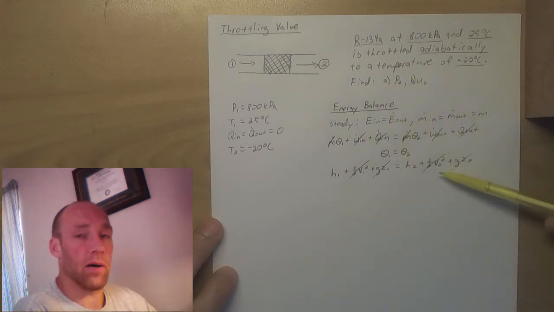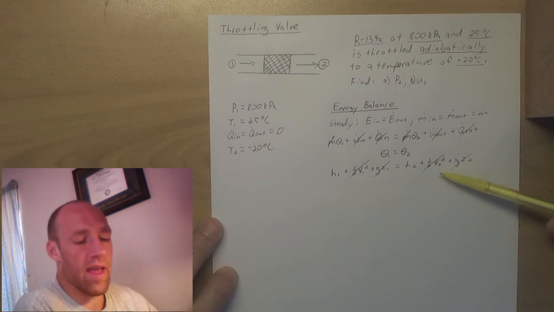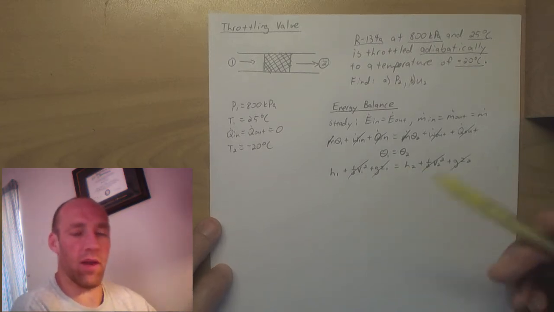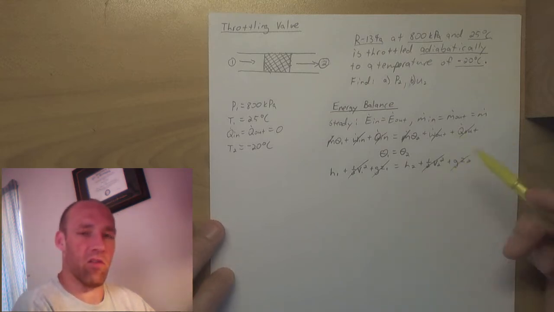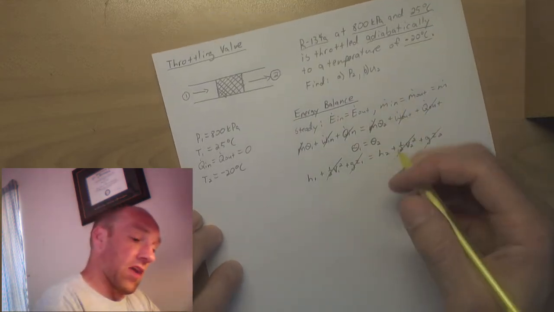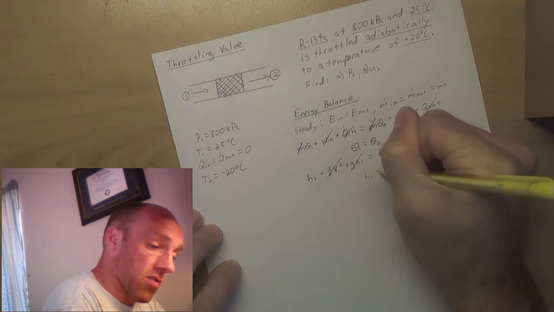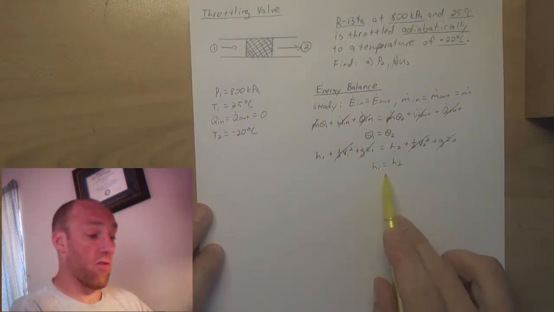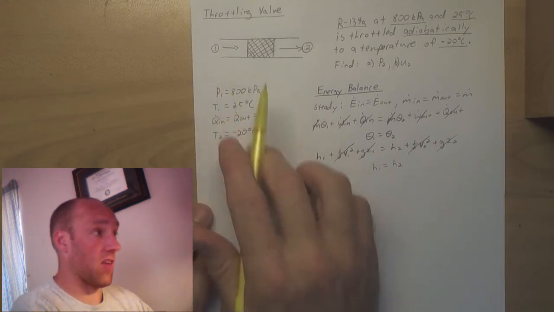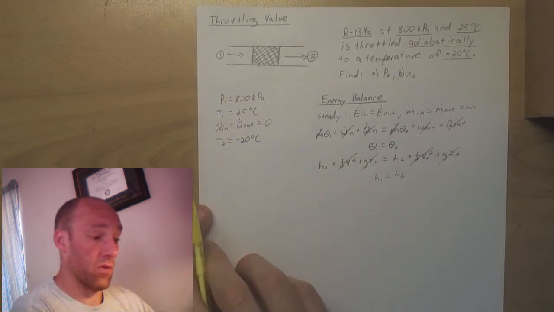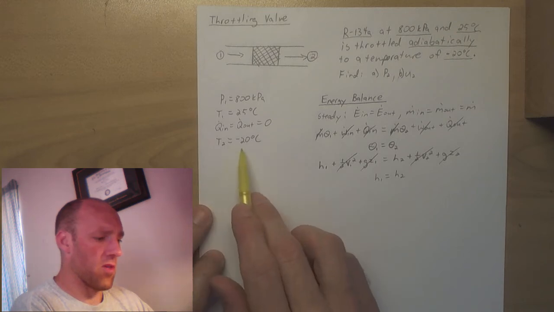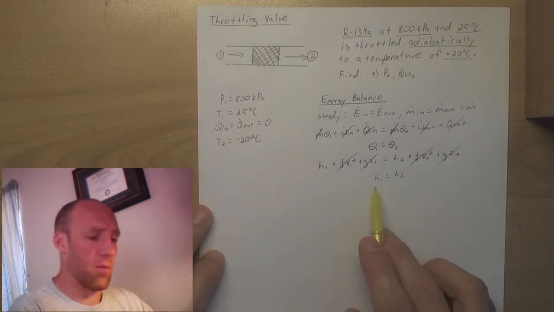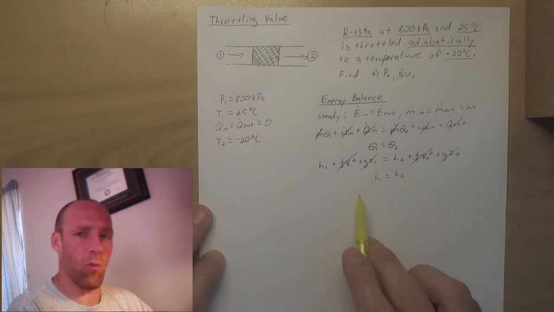On quizzes or exams, I'll be explicit about that, so you're not having to go out on a limb and make this assumption. So the energy balance simplifies to the fact that the enthalpy does not change across the device. But we know the temperature changes, so the state does change, but it does so at a constant enthalpy.